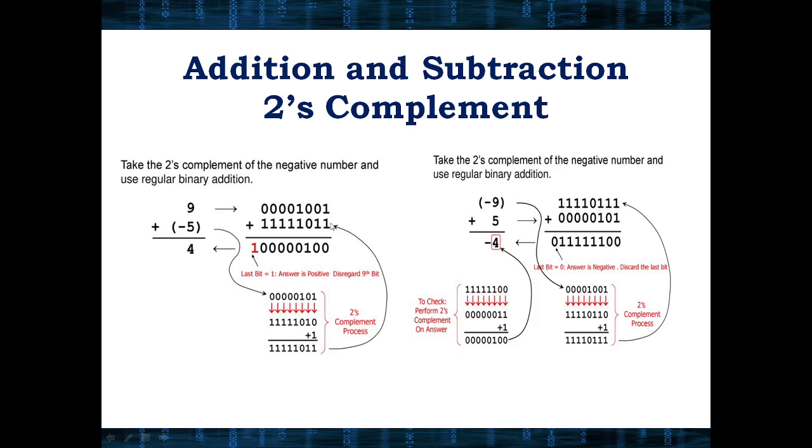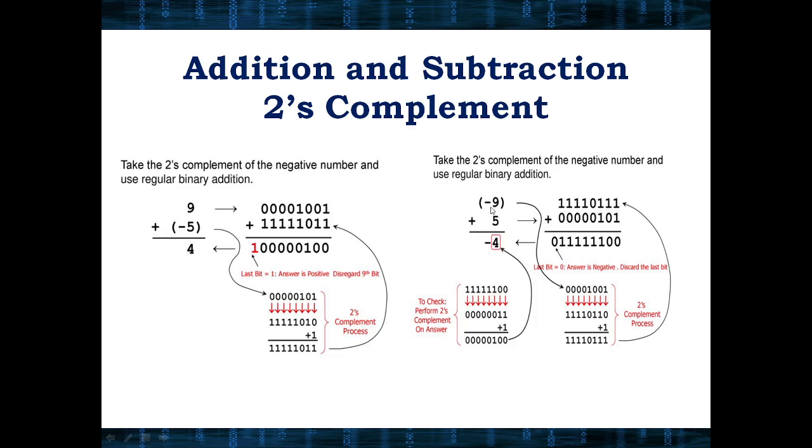Take this 2's complement and add it to the positive number plus 9, so you will get this. Here you have got 1 extra bit, so you have to ignore this extra carry.